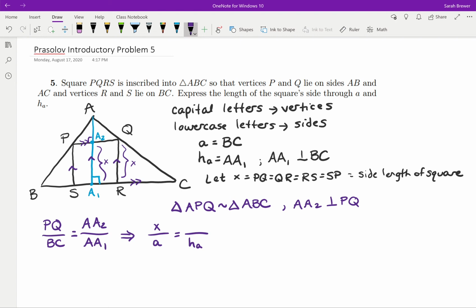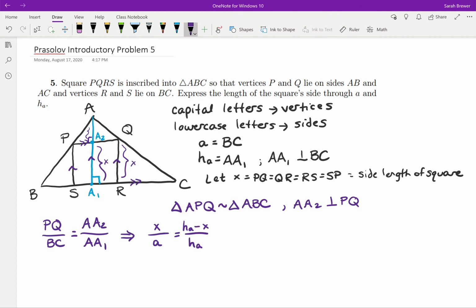And so if AA1 is represented by HA, I'm going to get this little bit left over by taking that whole height HA minus A1A2.